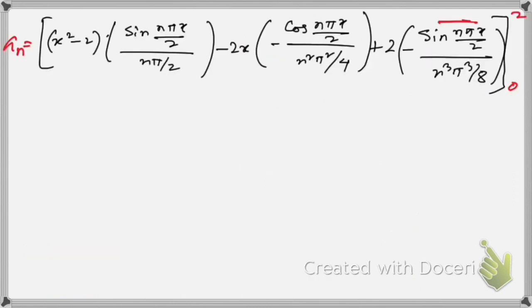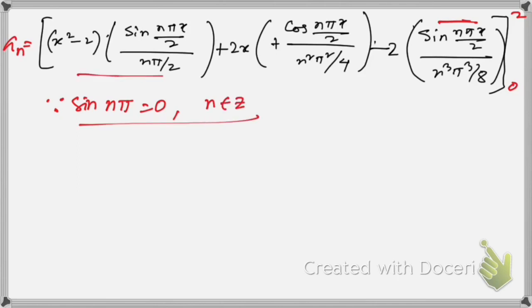So this is an. Here this minus is going to be plus, and minus plus is going to be minus. So we can write simply here minus 2 this. As I have already told you, since sin nπ is equal to 0 for n belongs to Z, we're going to ignore these two, and an will be equal to, just put the upper limit and lower limit in this middle term only.